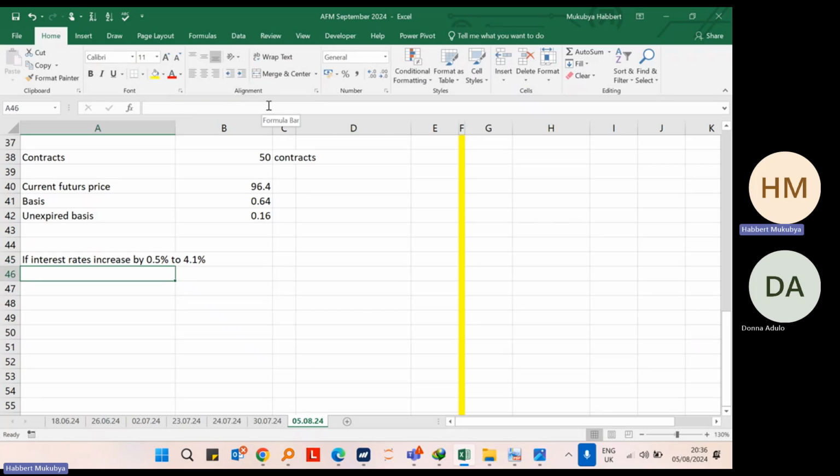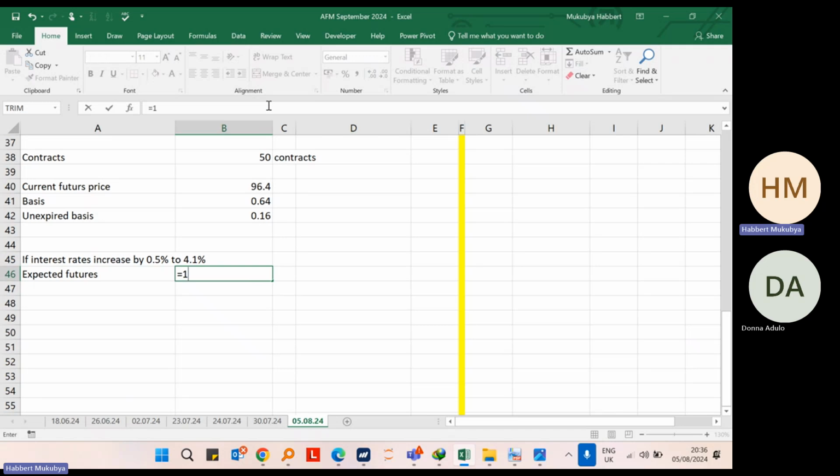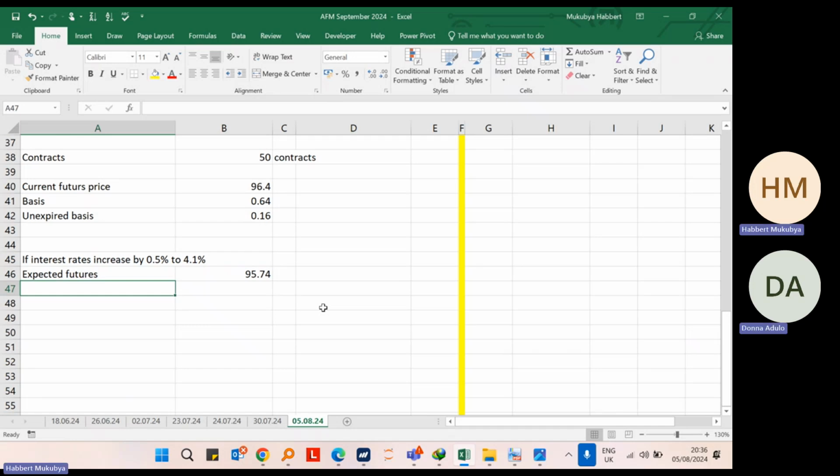Therefore, the expected futures price will be, remember, 100 minus 4.1. That's the price, but we have to subtract the unexpired basis. So that is going to be the expected future, 95.74. Why did you call it the unexpired basis?